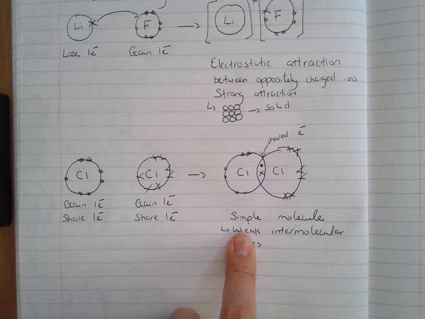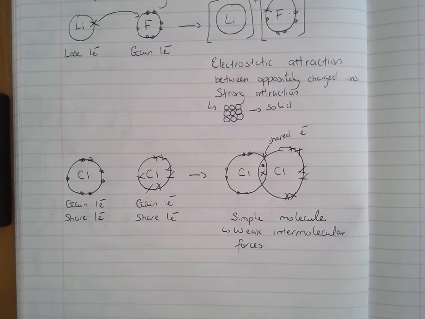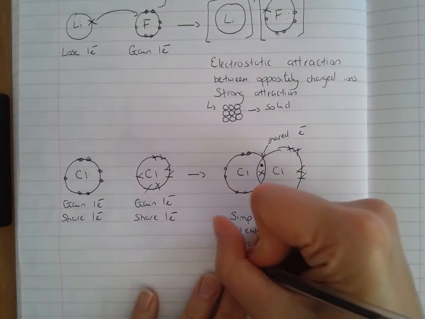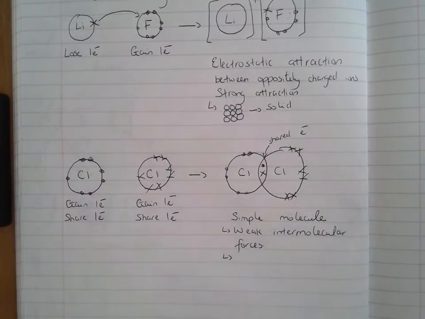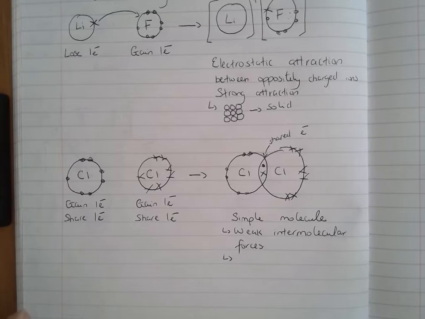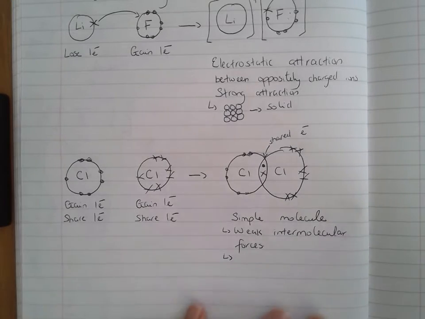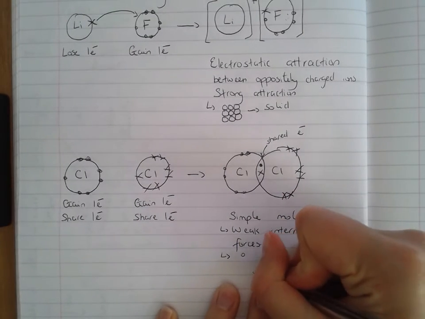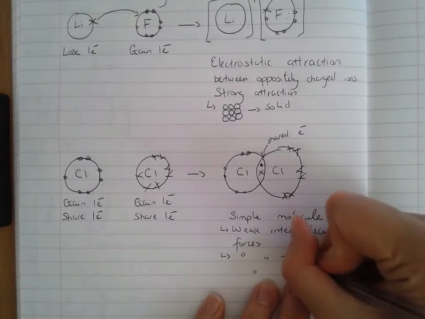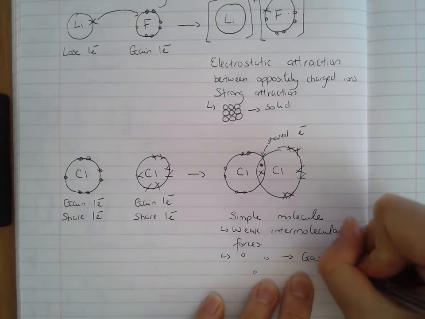And because these forces are weak, you don't need a lot of energy to break them apart. Because you don't need a lot of energy to break the particles apart, the particles are going to exist far away from each other, and they are going to be gases.